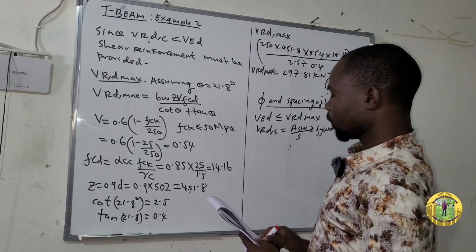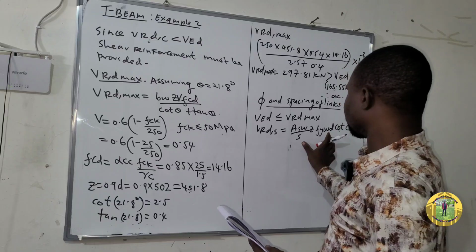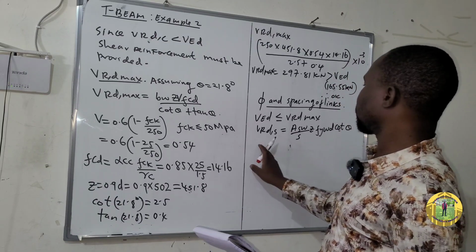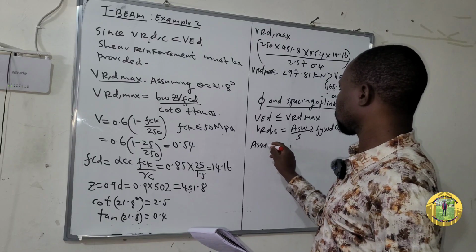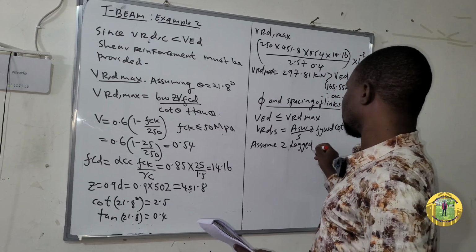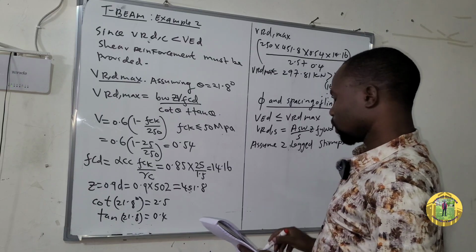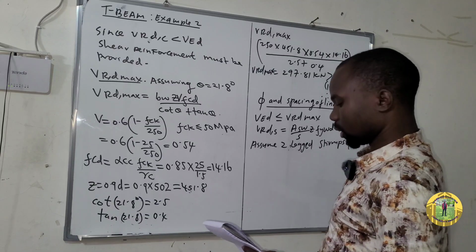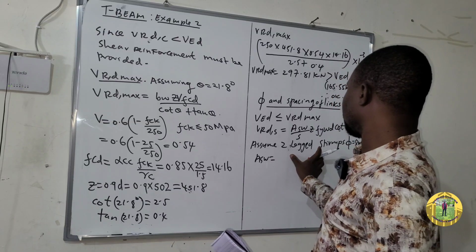This is the shear reinforcement resistance. Therefore, for us to get VRDS, we will assume two legged stirrups of diameter 8 millimeters. Therefore, ASW is the area of these assumed stirrups.